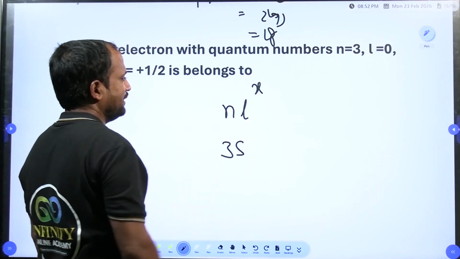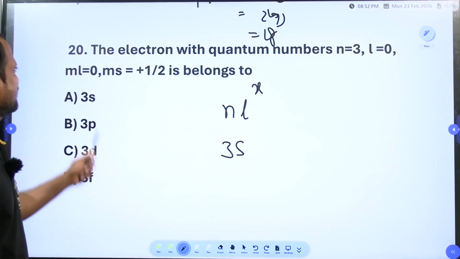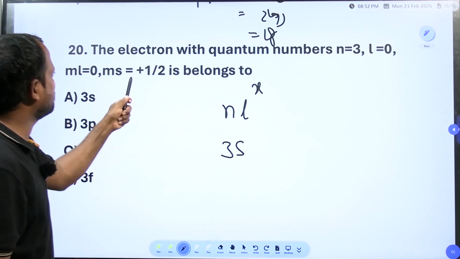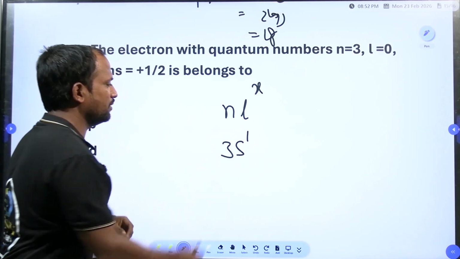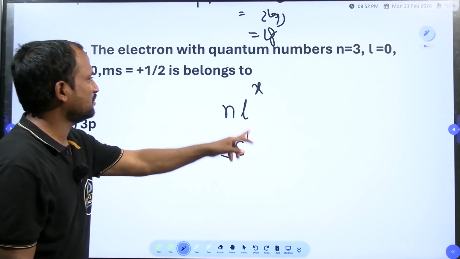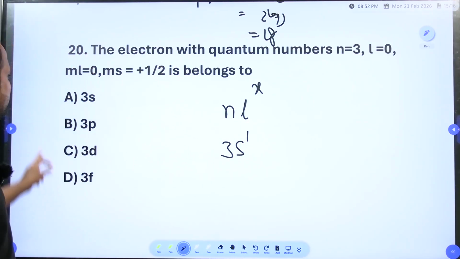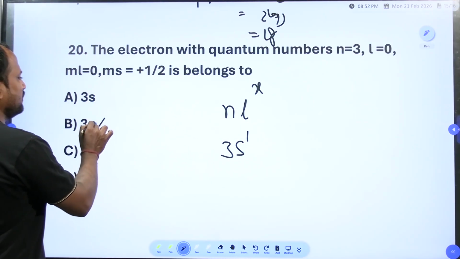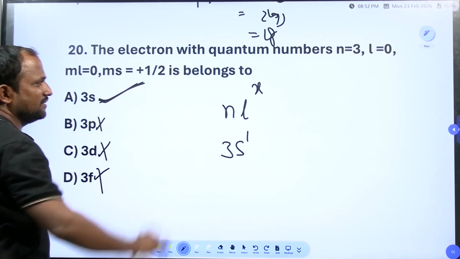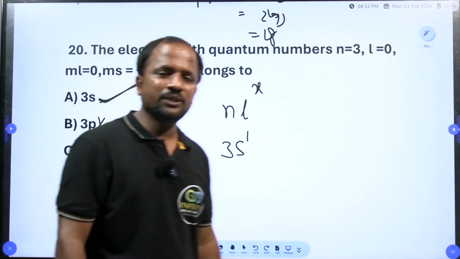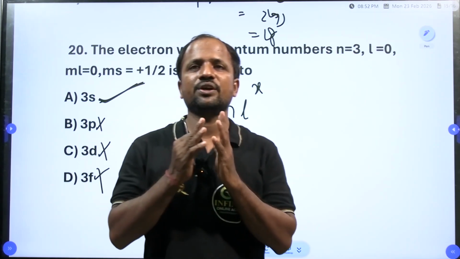So these electrons belong to which orbital: 3p, 3d, 3f, 3s. This is the answer by using the nlx electron configuration.